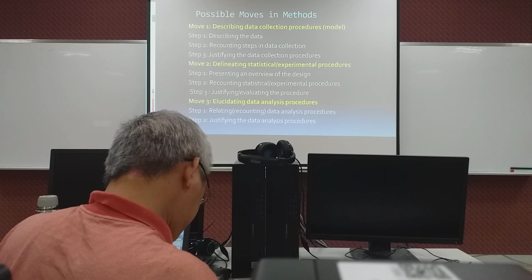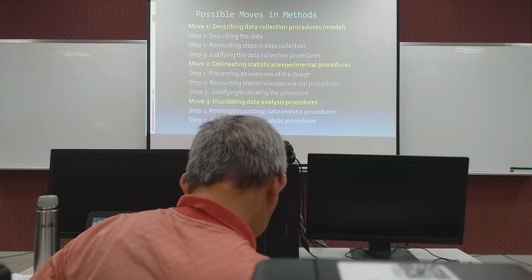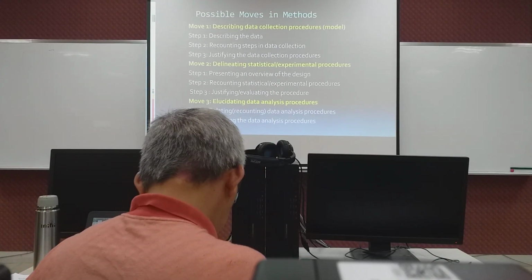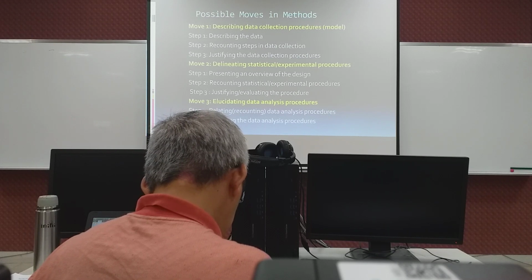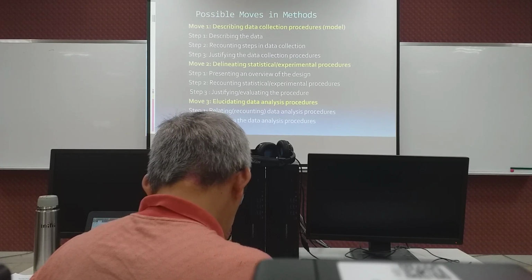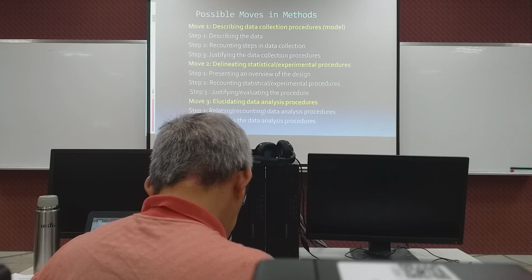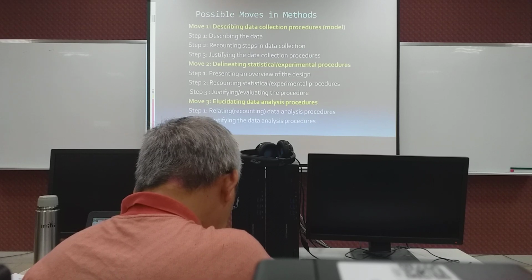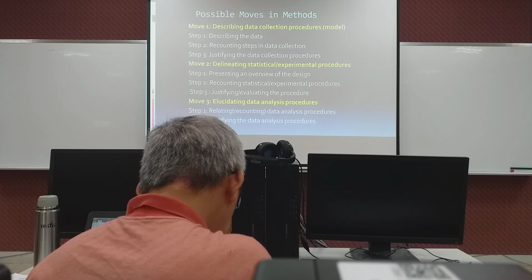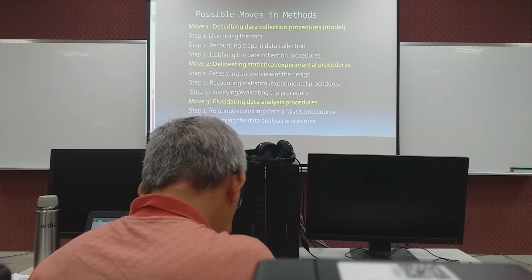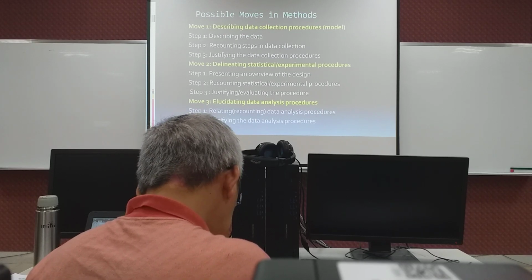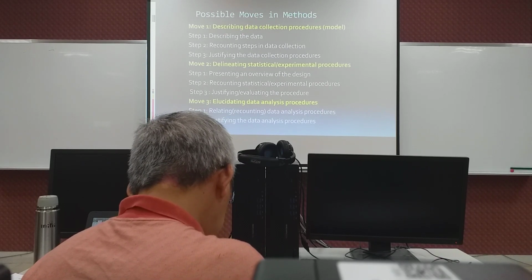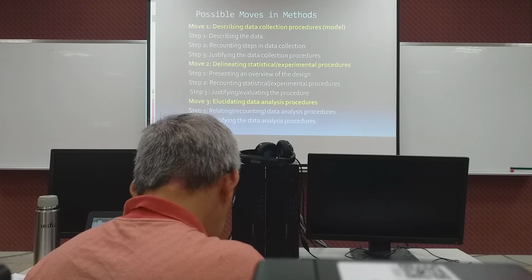Okay, so how about sentence number 4? What is the purpose of sentence number 4? Yeah, very good. Justify. So sentence number 4 is move 1 step 3. They justify.